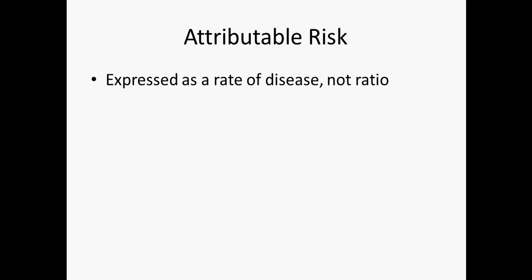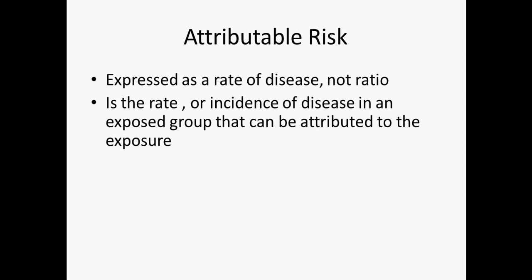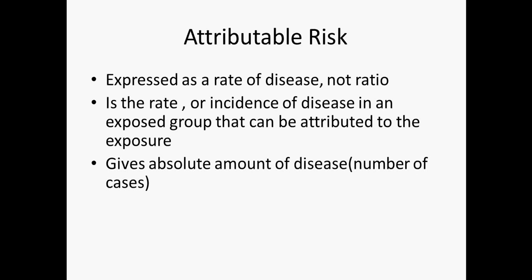Okay, so what it actually is, is the rate or incidence of a disease in the exposed group. So we are concentrating now on the exposed group, and that rate can be attributed to the exposure itself. So we are talking about incidence of the disease in the exposed group here. As I said earlier, it gives you an absolute amount of the disease.